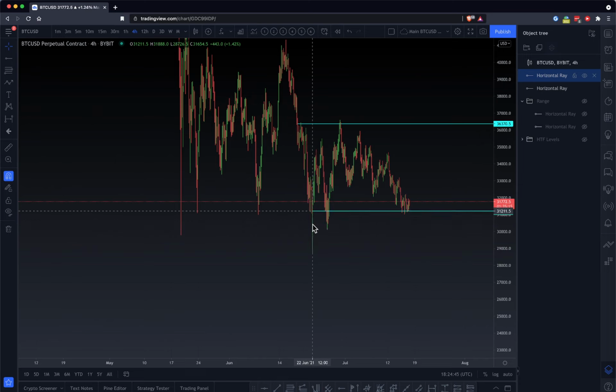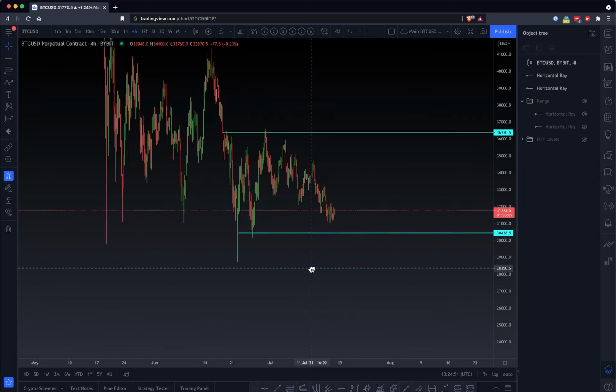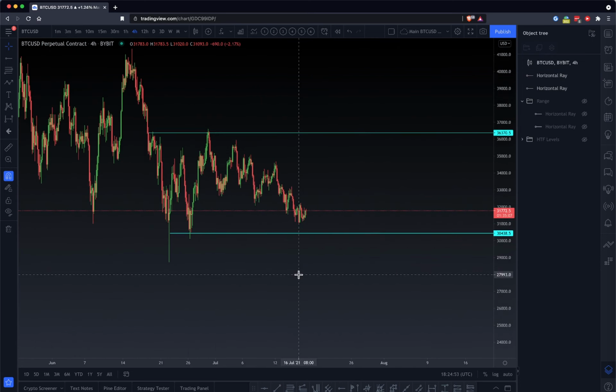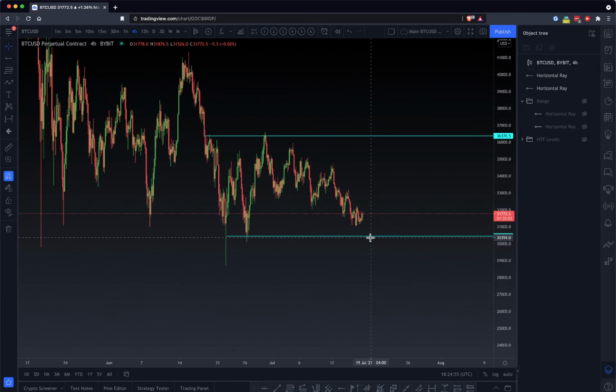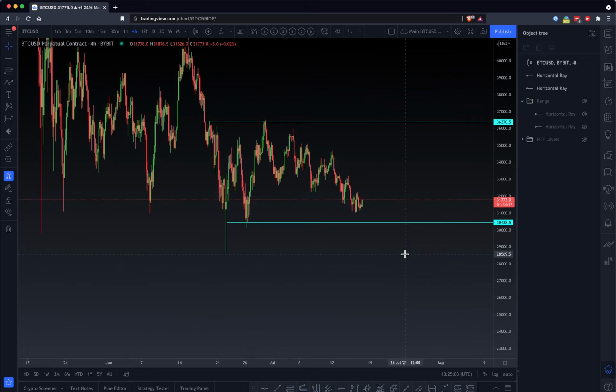I would consider this as the low of this. There is nothing specifically to tell us the low. But yeah, if we lose this level, then yeah, things look really bad for the bulls, I assume.